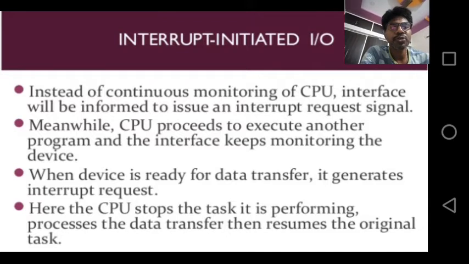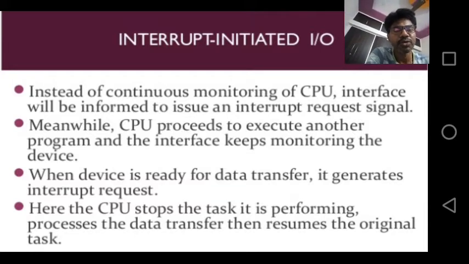Meanwhile, the CPU proceeds to execute another program or another instruction, related to the same process or a different process, when there is an I/O instruction pending. And the interface keeps monitoring the device. So now the job of monitoring the input devices is handed over to the I/O interface.